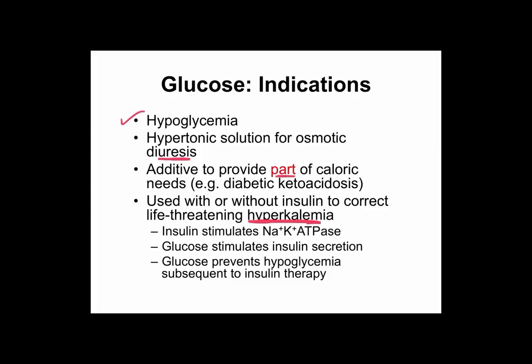So anything that increases insulin, either insulin itself or glucose administered in high quantities stimulating insulin, will lead to this stimulation of sodium potassium ATPase. Now, when you give insulin, it's a good idea not to just give insulin, because you're going to drive the glucose down in a normal glycemic animal. So you definitely want to put insulin with glucose, but you could also just give glucose and see if the insulin is stimulated endogenously.